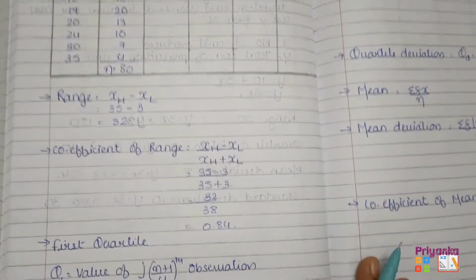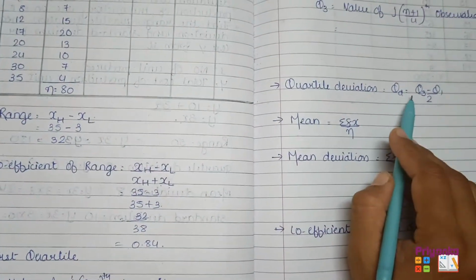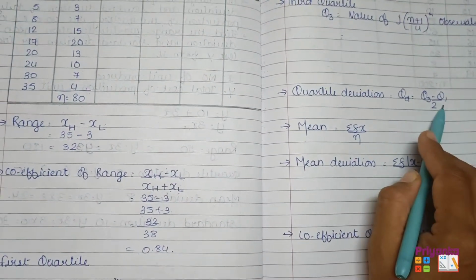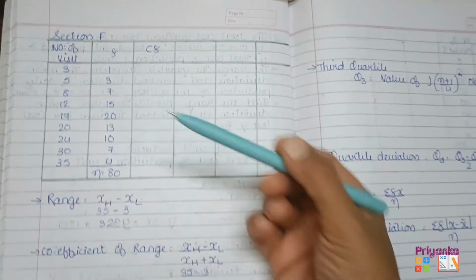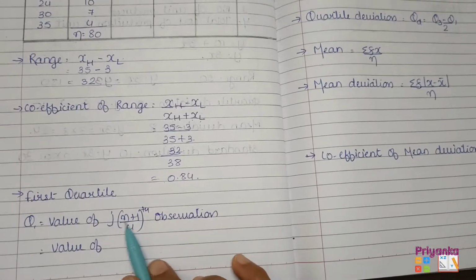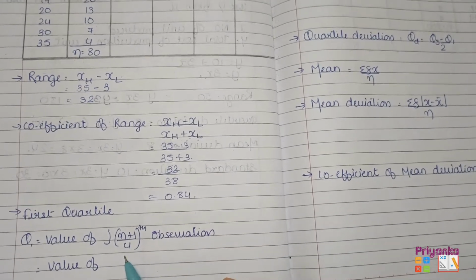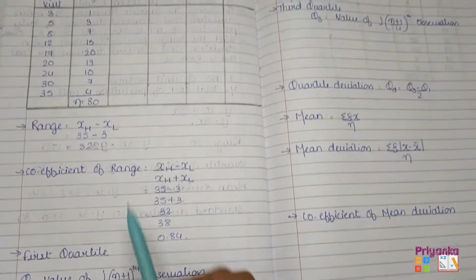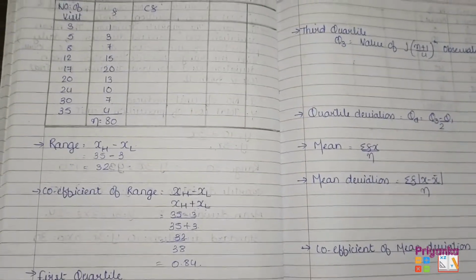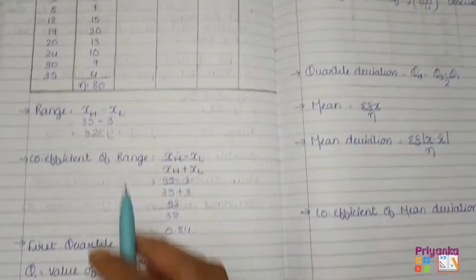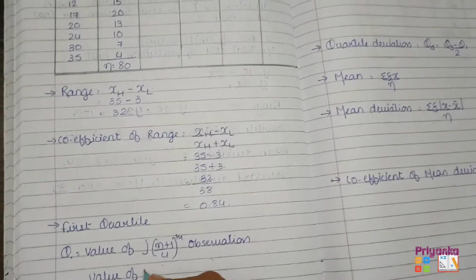Now the next thing they ask is the quartile deviation, where we need the information of Q3 and Q1. As we can see, the information is discrete, so here we'll use the formula of j times (n plus 1) divided by 4. Hope you remember, the bigger formula is used when the continuous frequency distribution is given, in continuous classes. Here it is discrete information.